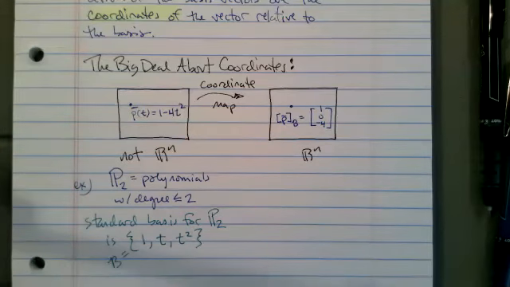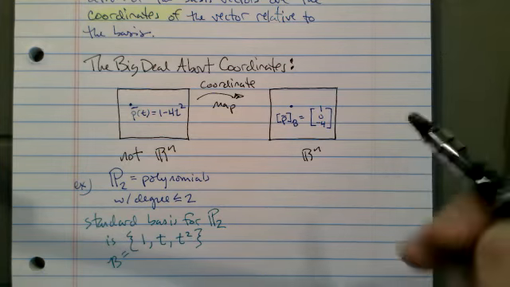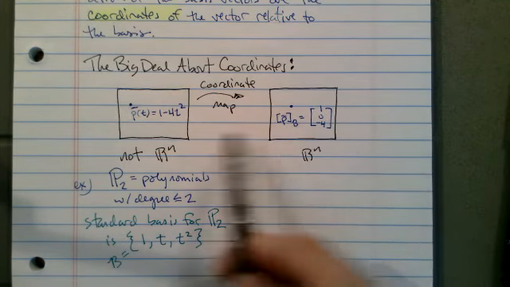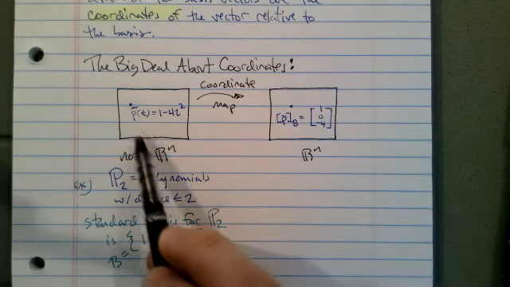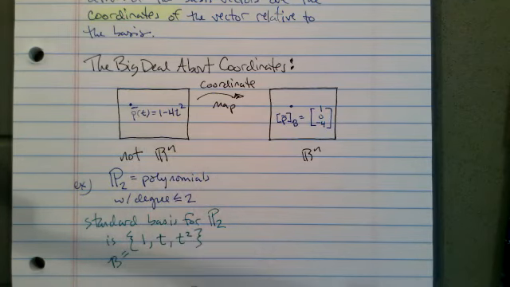All right. So with all this in mind, I got that vector. It's this polynomial written as a linear combination of these three basis vectors.